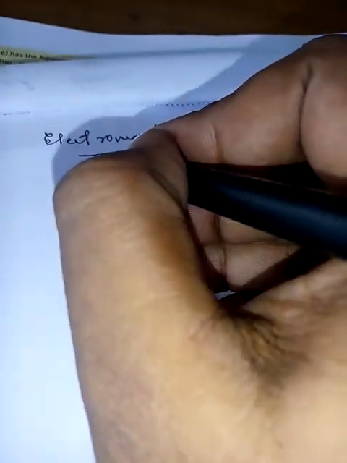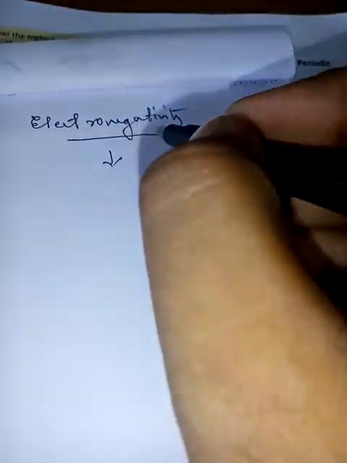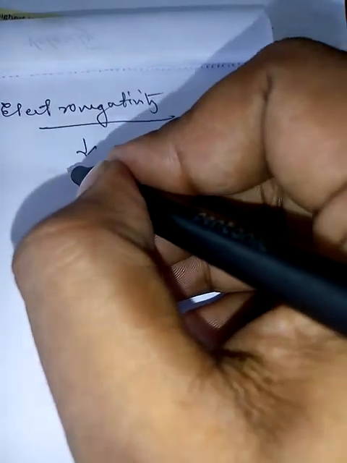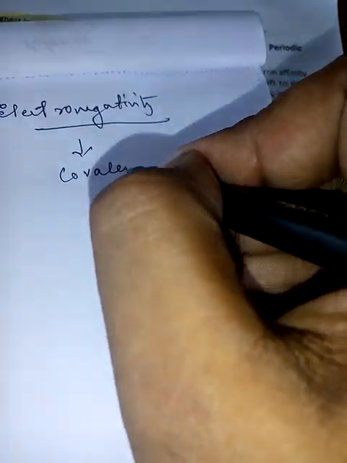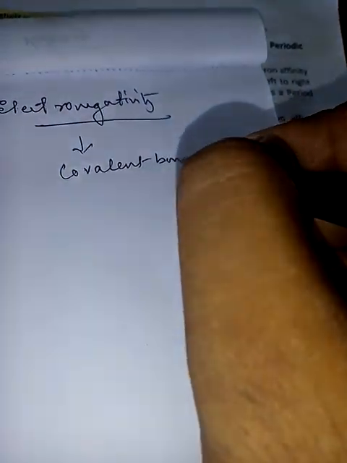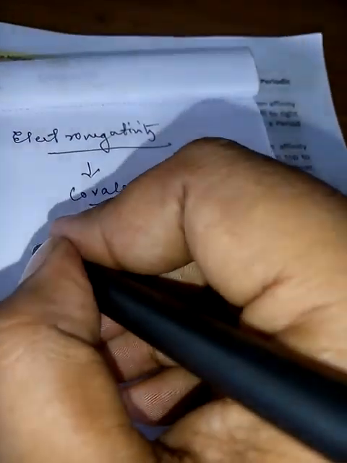Let us write electronegativity. The term electronegativity is specifically used for covalent bonding.